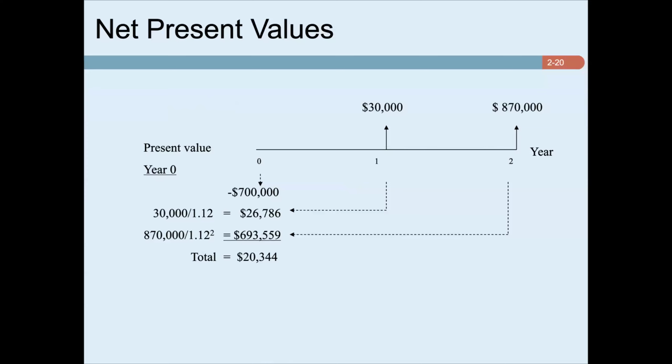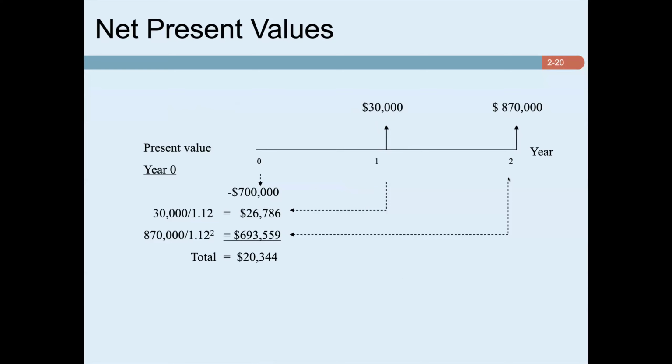So if we're going to invest $700,000, the first year we only get $30,000 back. The second year, we get $870,000 back. So if we calculate it to the present value, the first year's $30,000, when we convert it back to now, will be $26,786.